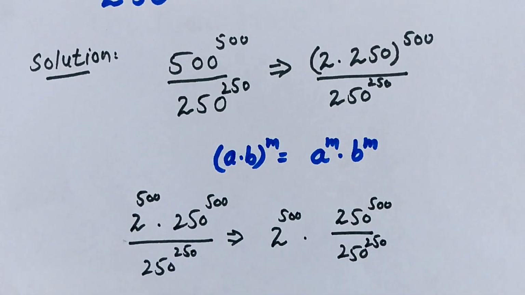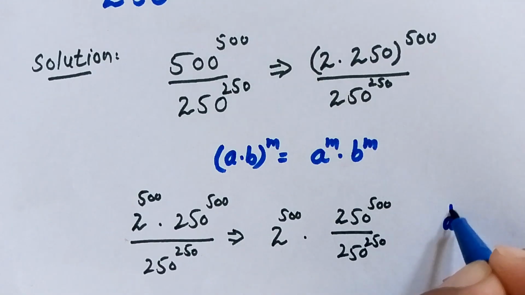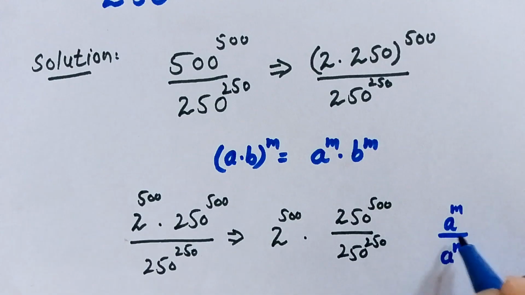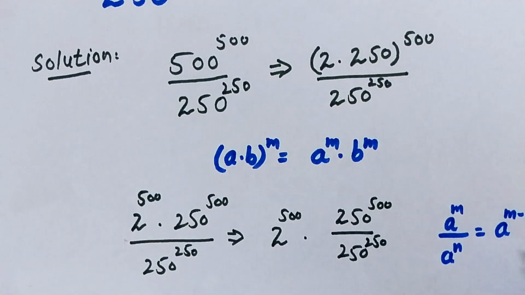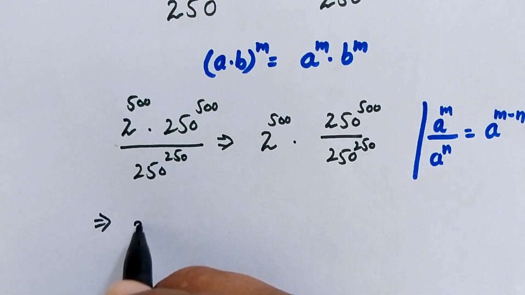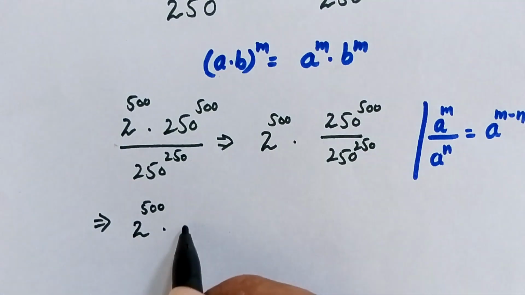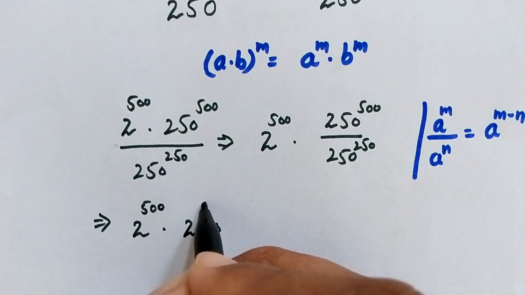Now we know that a to the power of m divided by a to the power of n, when the bases are the same, is equal to a to the power of m minus n. Applying this condition, it becomes 2 to the power of 500 times 250 to the power of 500 minus 250.